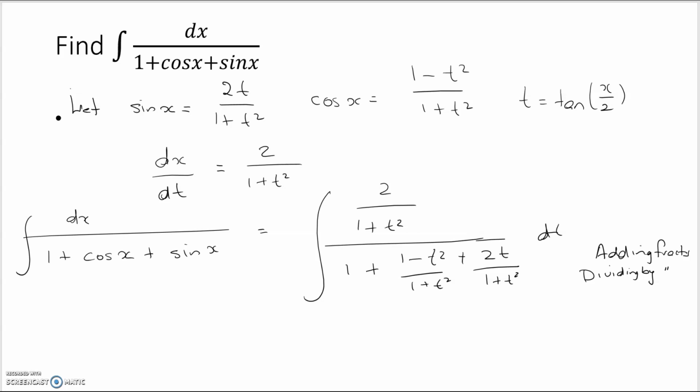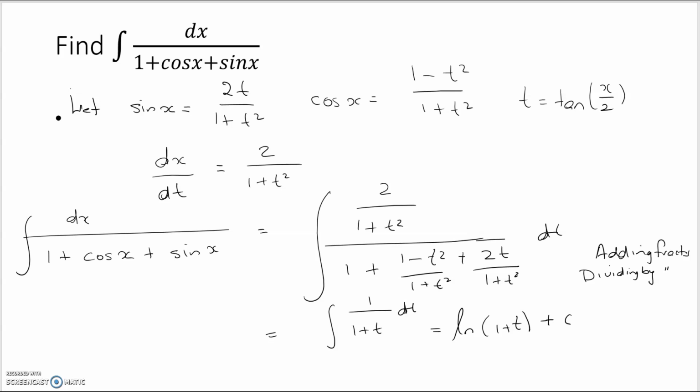And once you've done all the fraction work, you end up with 1 over 1 plus t. And that's just a straightforward integration at that stage. It's equal to the natural log of 1 plus t.